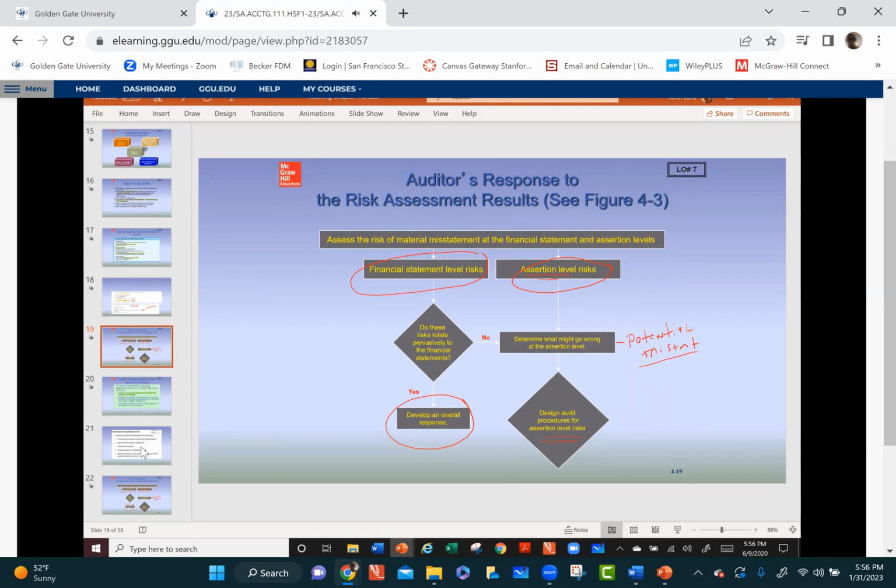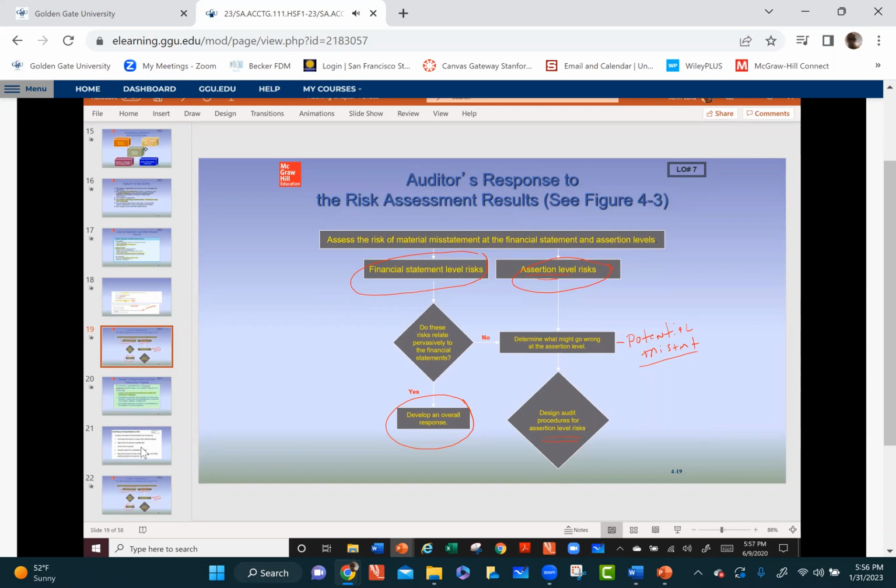First we will have a response at the financial statement level, which is going to dictate how we assign staff to the engagement, et cetera. So there's a high level financial statement assessment of our risk, but then we're going to have to assess the risk of material misstatement at the assertion level.